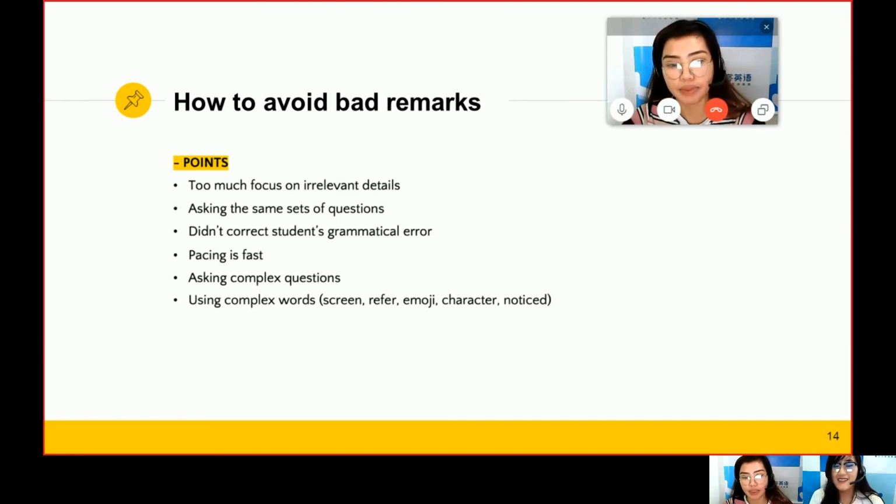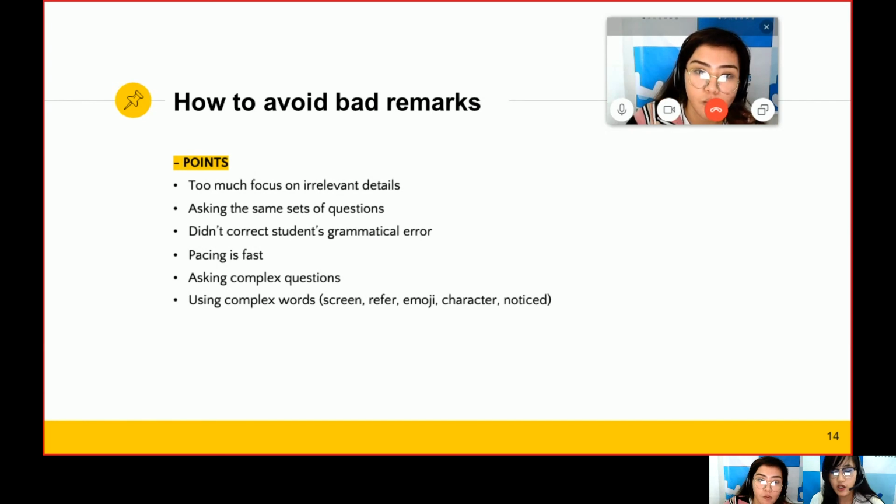So here, for me, we must avoid asking complex questions. For example, you just showed this one to your student, zebra. You don't have a picture on the screen yet, then all of a sudden you asked her, "What is a zebra?" when the student is a beginner.